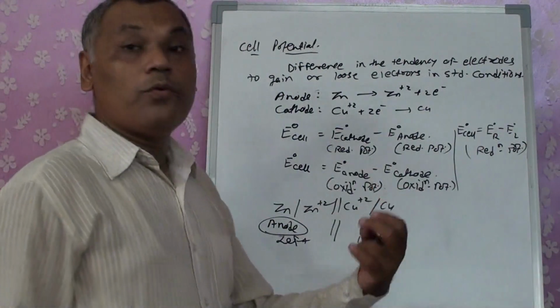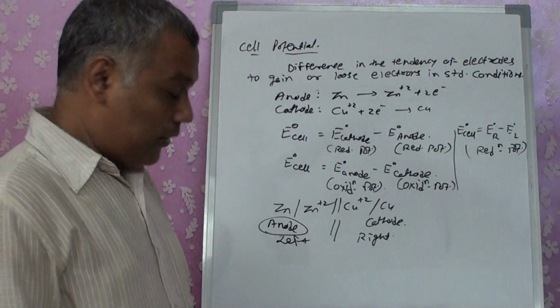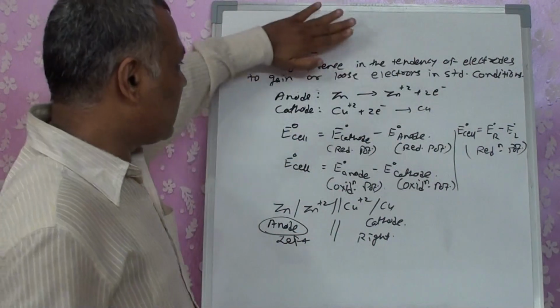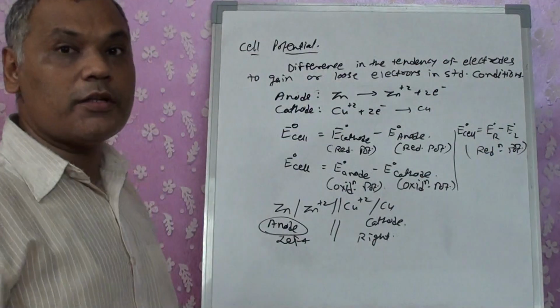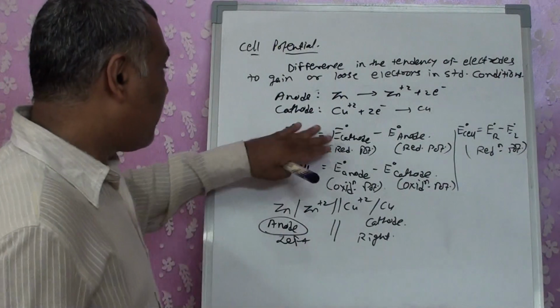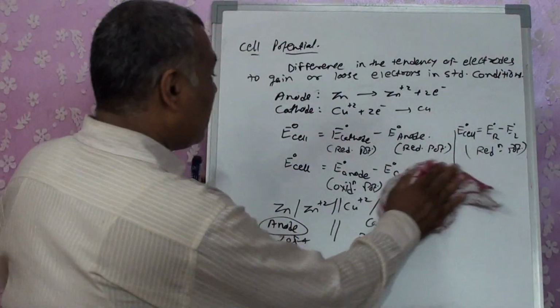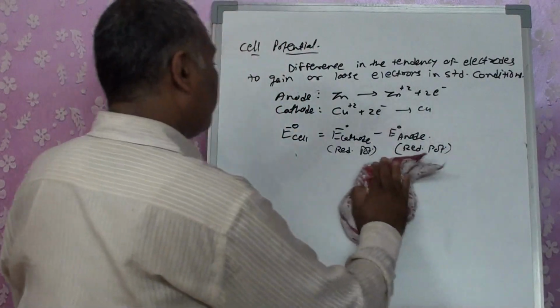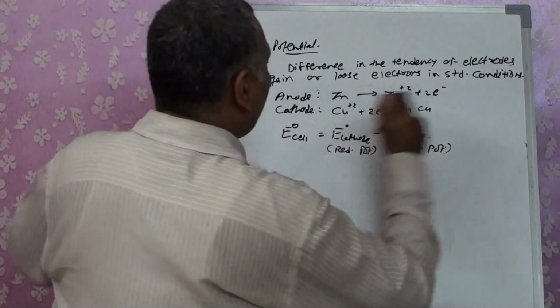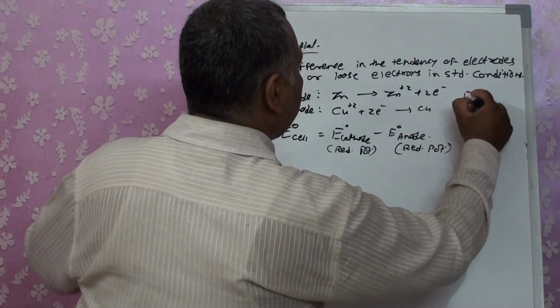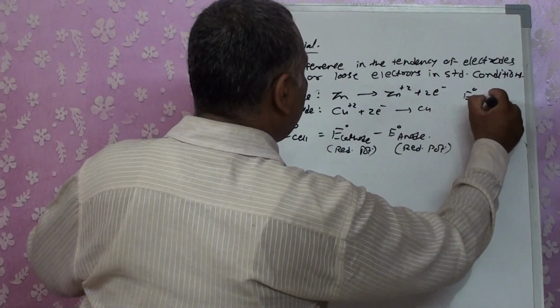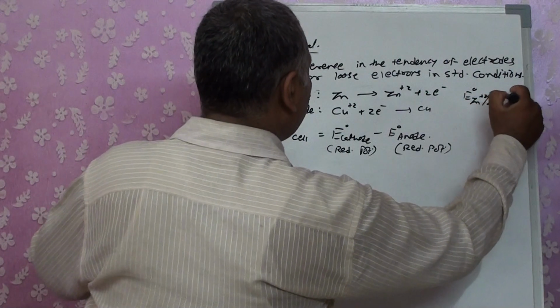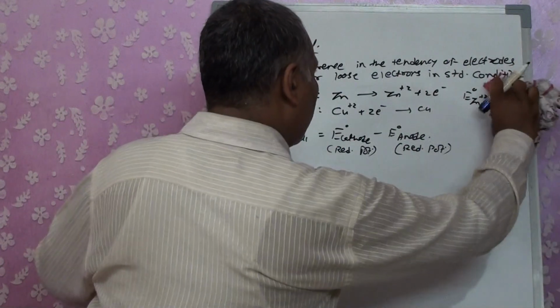Okay, now what are these potentials? This is the formula that we got. What is the cell potential and how to calculate the cell potential? But how to calculate particularly for this? So let us take the same example of zinc and copper. For zinc, it is indicated as E naught of Zn plus 2 Zn, which is minus 0.76 volt.